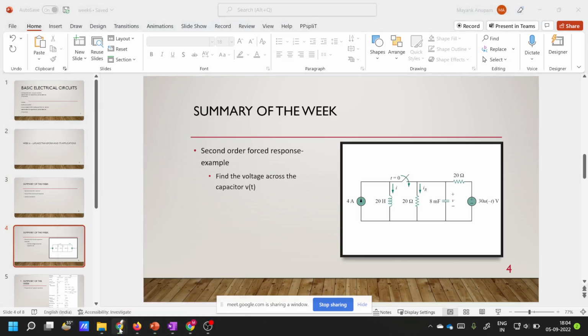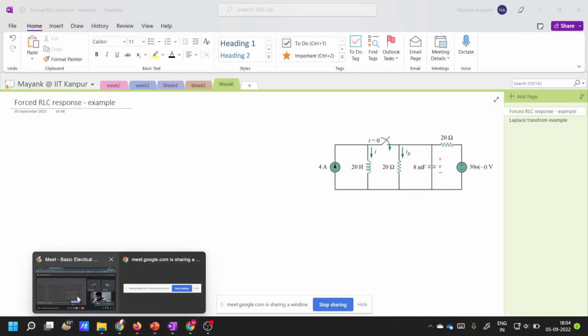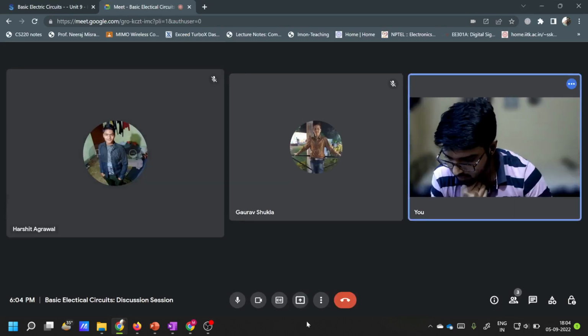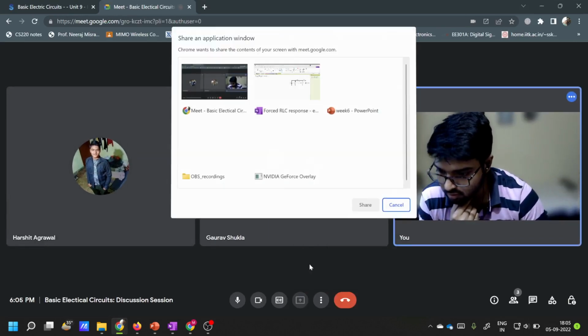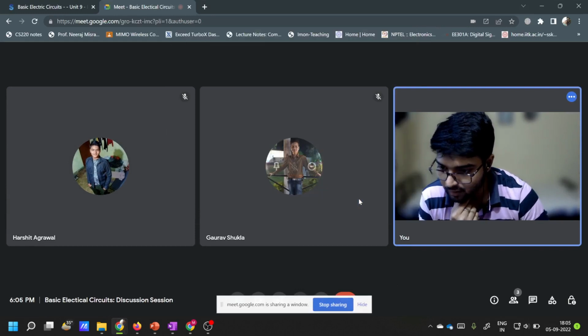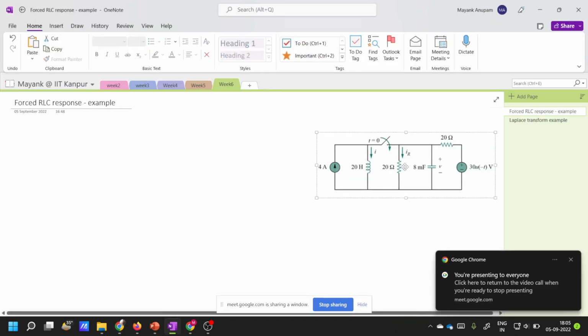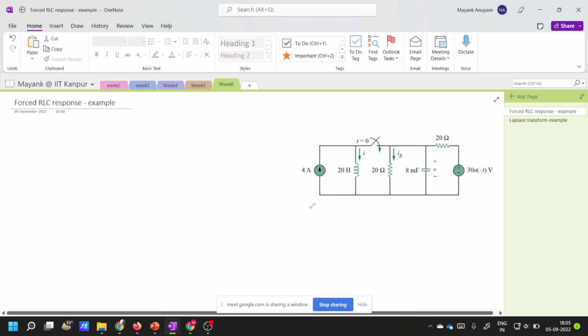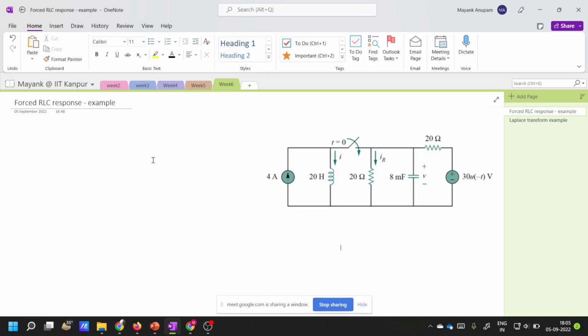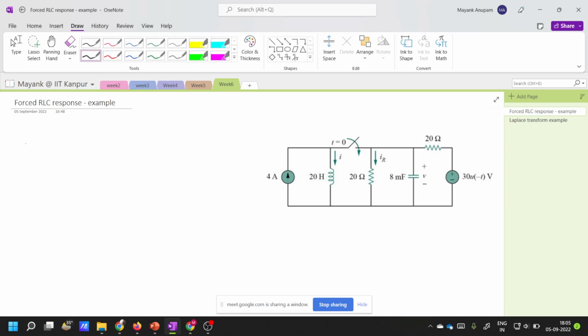Let me put on a different window. Yeah. So this is the question, right? Question is find v of t for t greater than 0.